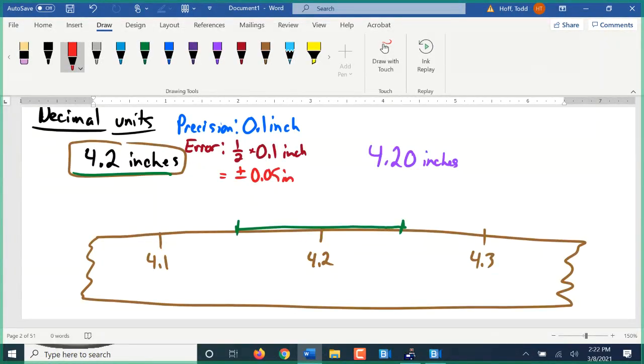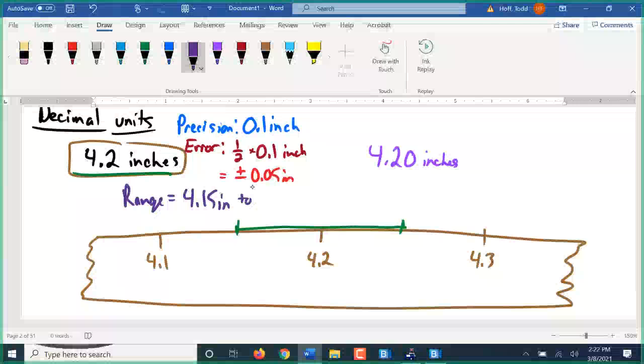So this is saying that our range is anywhere from 4.2 minus 0.05, so 4.15 inches, to 4.2 plus 0.05, or 4.25 inches.